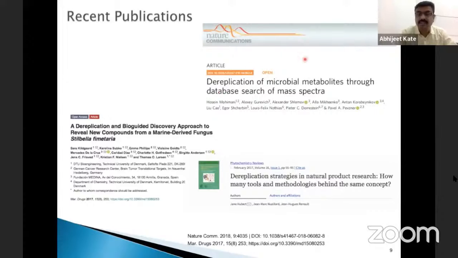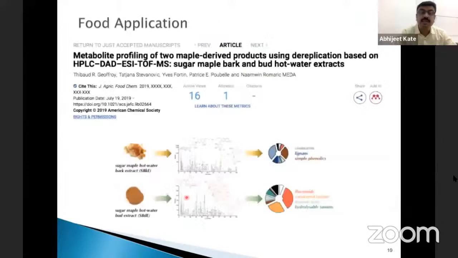So for example, this is related to metabolites. This is again related to new compound research. Then this is a food application. They are using this strategy to find out the compound or metabolite which is present in this particular maple extract.